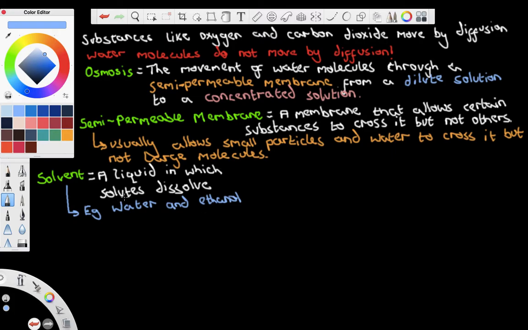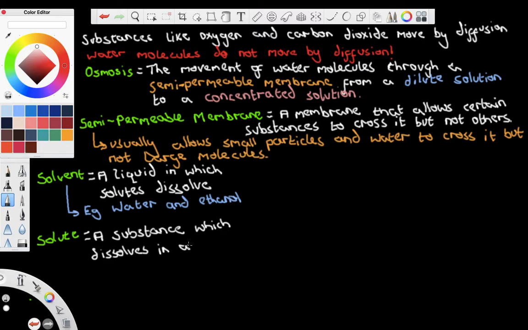So a solute is different to a solvent. A solute, S-O-L-U-T-E, is defined as a substance which dissolves in a solvent.